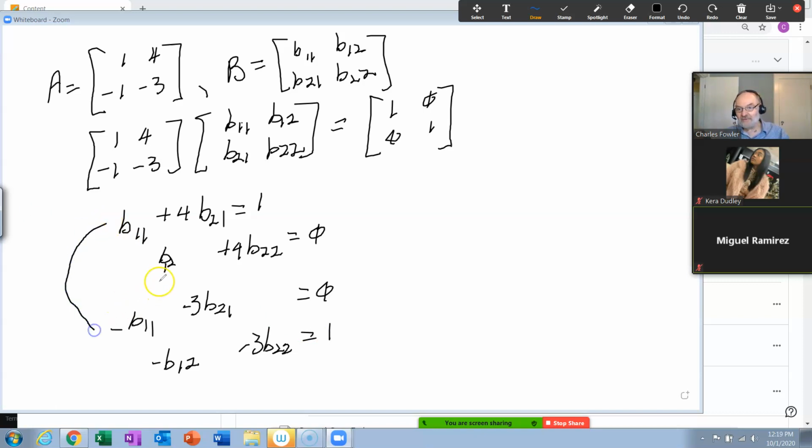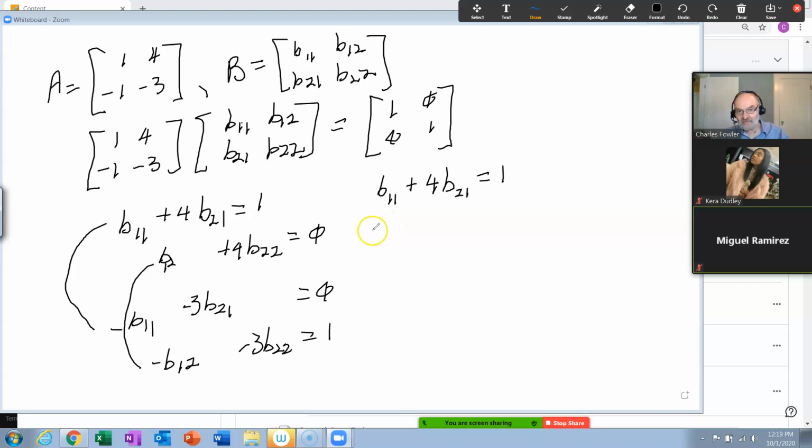This is just 2 equations, 2 unknowns. This is 2 equations, 2 unknowns. So let's just do them separately. Okay? The first one is B11 plus 4 B21 is equal to 1.